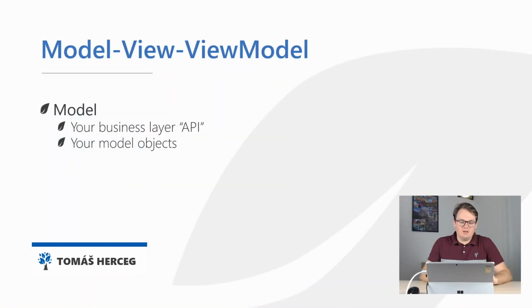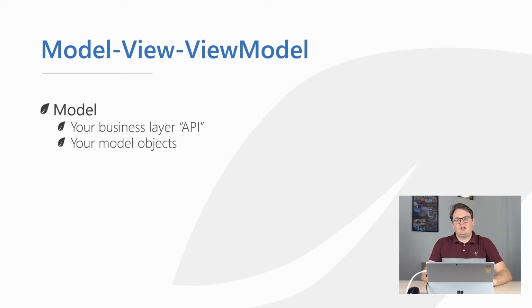So first maybe I should explain what exactly Model-View-ViewModel is and what all the words in this complicated term mean. Maybe the most problematic part is the model, because in every book you can find different definitions of this term, but I understand model as the business layer API.